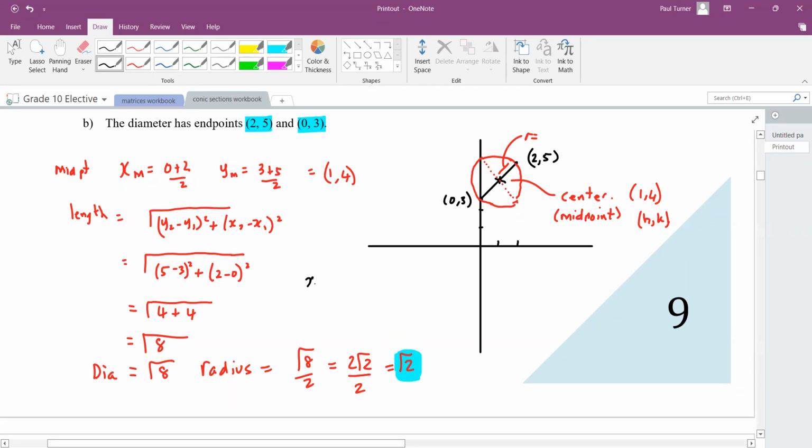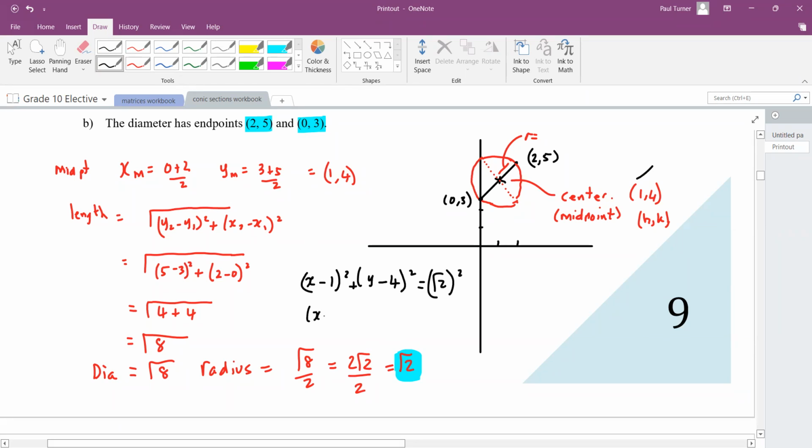So your equation then will be x minus h, and h is 1, all squared, plus y minus k, k is 4, squared, equals root 2 squared. So the radius is root 2, but when we write our equation, this will become 2.